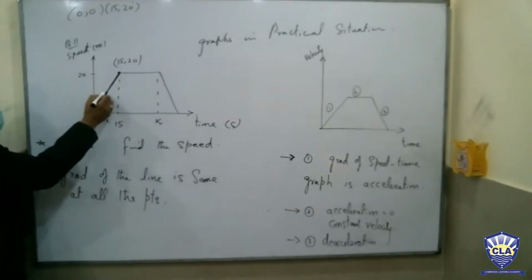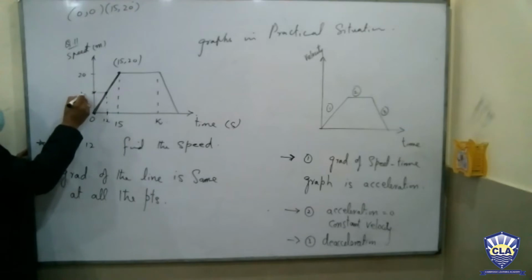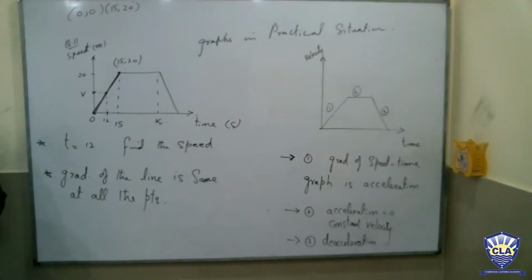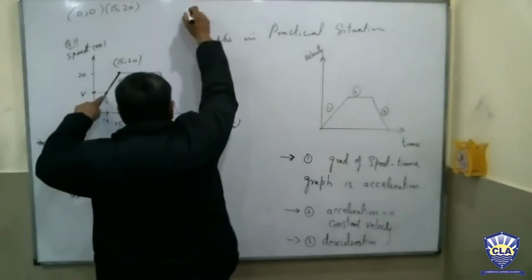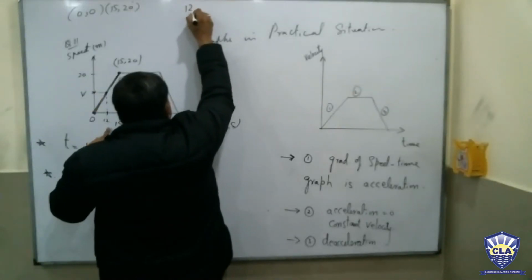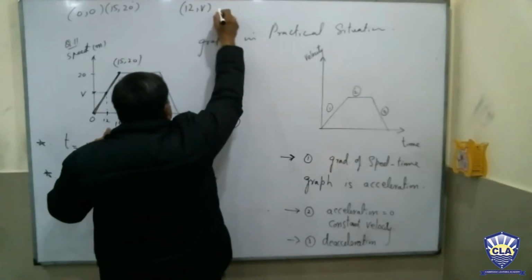What is the speed at 12? Speed at 12 is v. So the coordinates of this point are 12, v and 0, 0.